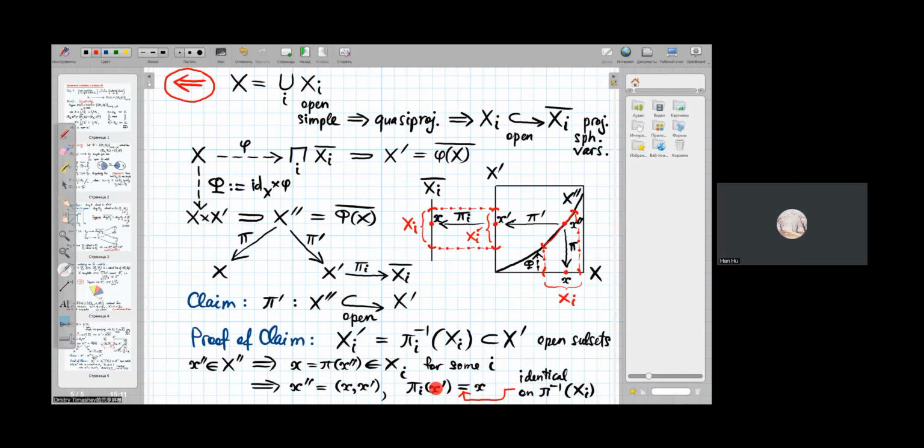So since this equality holds on the open orbit, it holds identically here.